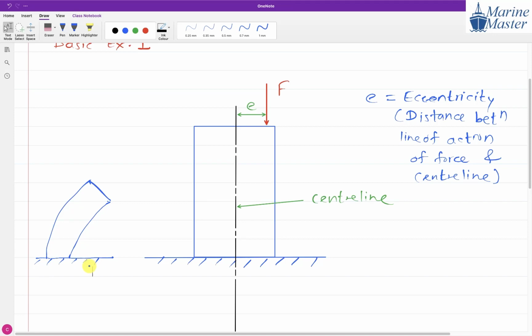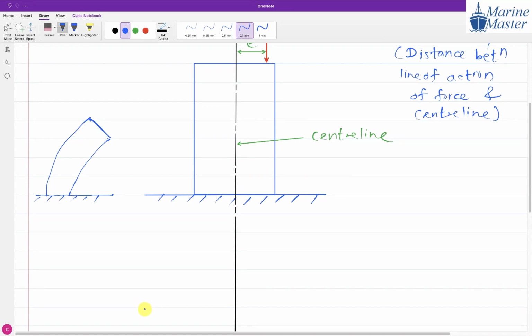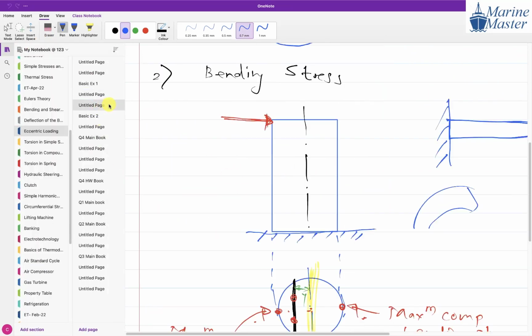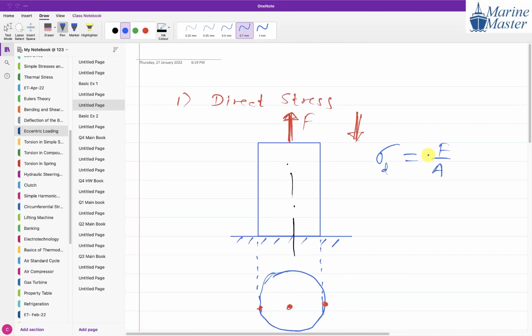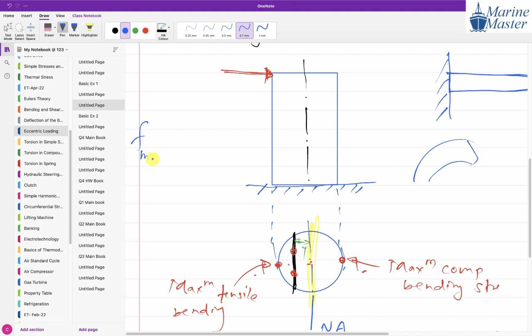Now here, everyone try to understand the scenario. We are discussing a very, very important concept, guys. In this chapter, you can't memorize anything. You need only two things. Direct stress means F by A. And maximum bending stress will be equal to M by I into Y max.